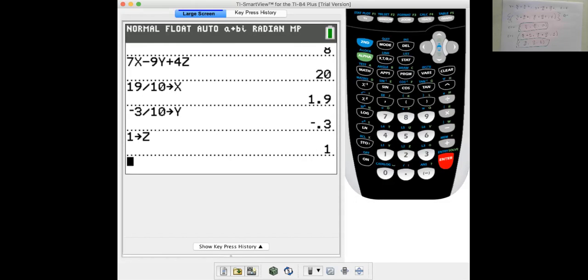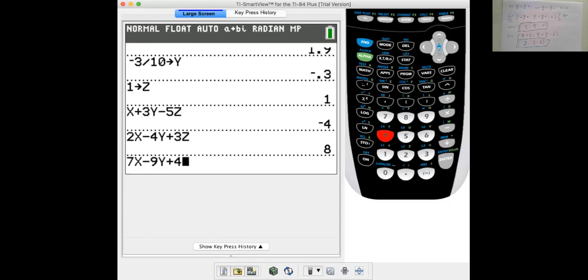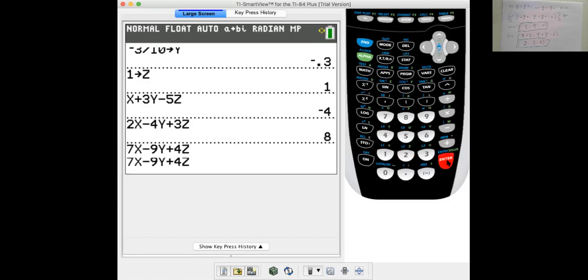We needed x plus 3y minus 5z. We hope it equals -4. It does. Check. Great. 2x minus 4y plus 3z. We hope that equals 8, and it does. And our last check, 7x minus 9y plus 4z. We hope this equals 20, and it does.